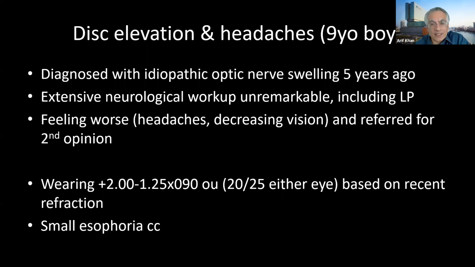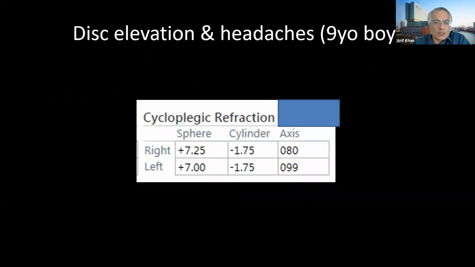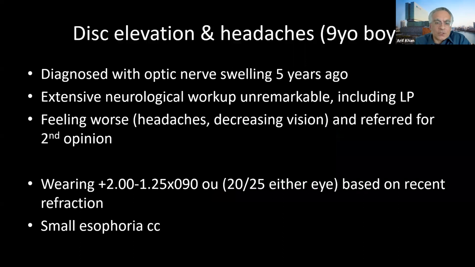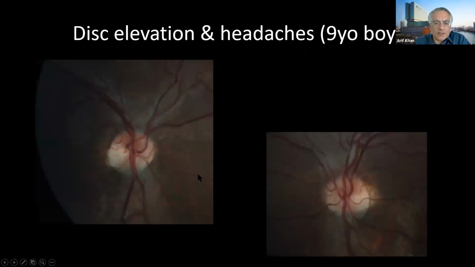Anybody who has headaches and esophoria needs a cycloplegic refraction. And when we do a cycloplegic refraction on him, he's +7. They never did a cycloplegic refraction on him. They did a manifest refraction on him and they got this +2. He's been feeling worse, headaches, decreasing vision, because he's been a latent hyperope. And the clue is this small esophoria.